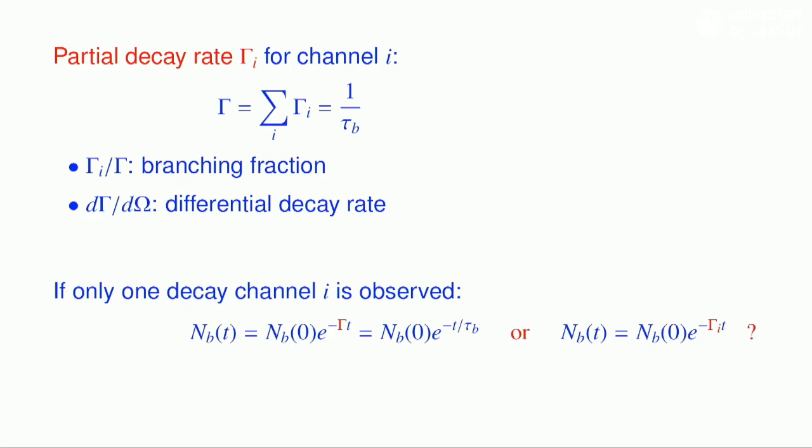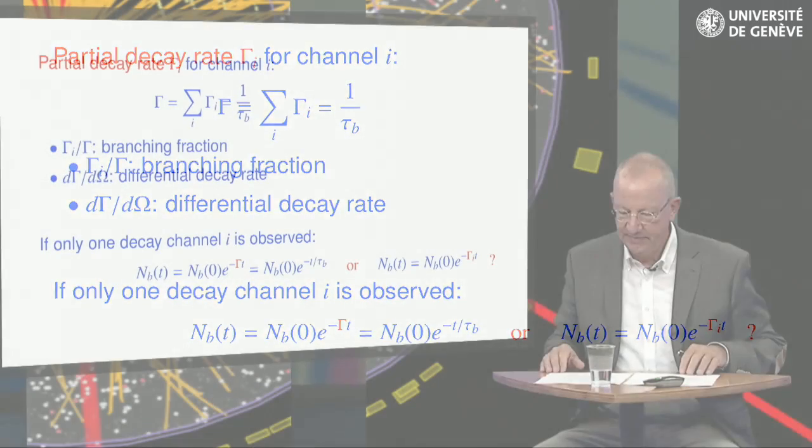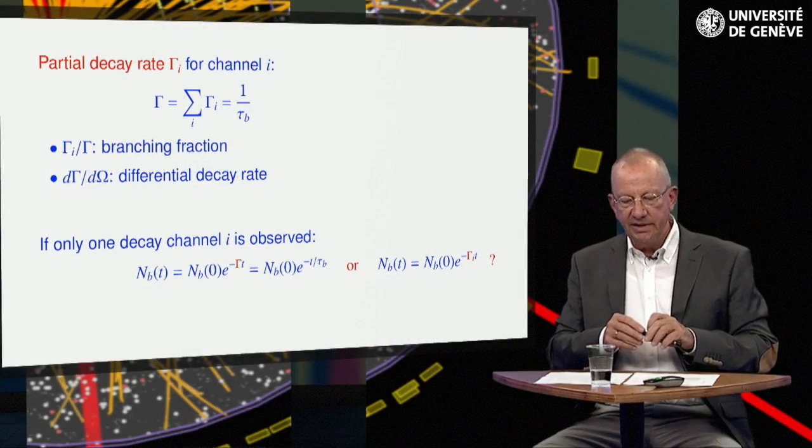By probability conservation, the sum is equal to the total width gamma. The branching ratio gamma_i divided by gamma expresses the relative probability of observing channel i among all decay channels. Analogous to the differential cross-section, one can also measure the differential decay rate, d gamma over d omega, depending on the solid angle.